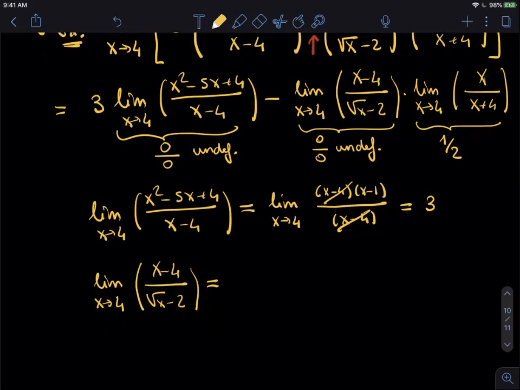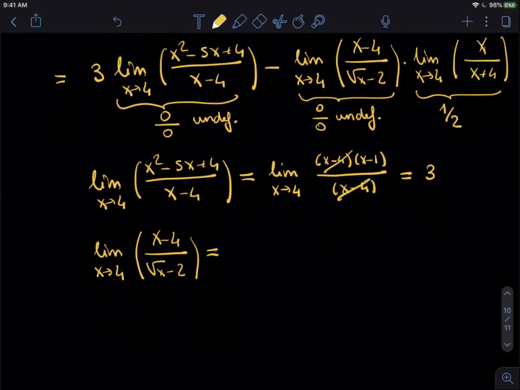Okay, and then for the second, we apply the same trick as before. Did you notice that in the numerator we have x minus 4, x, square root of x? The x is the square of the square root of x, and 4 is the square of 2.